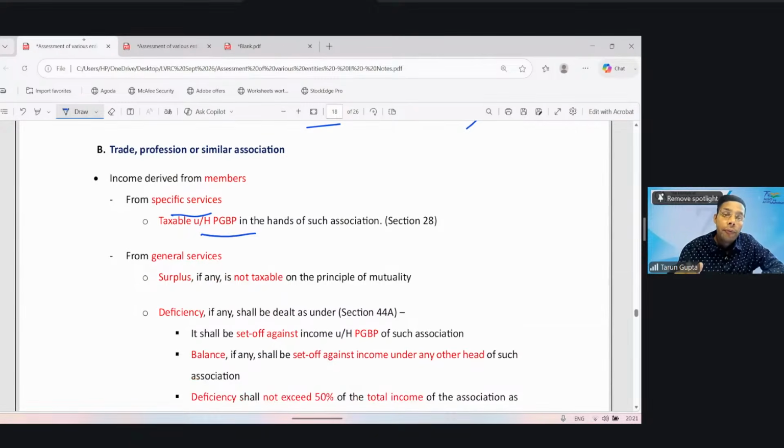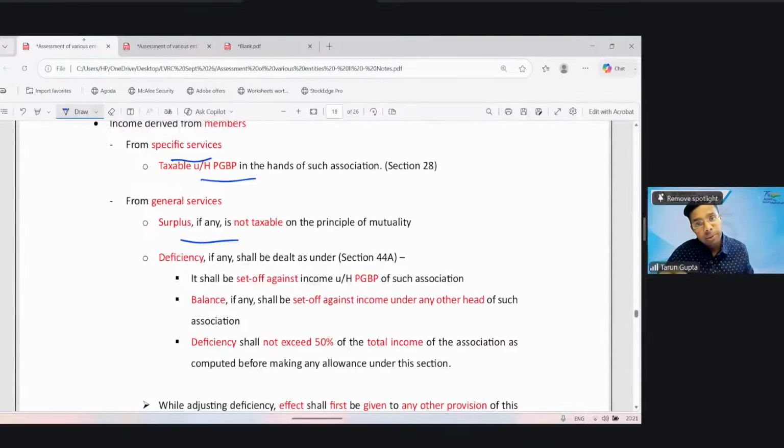But for general services to the members, surplus shall be exempt, but if there's a deficiency, such deficiencies can be set off against PGBP or income under any other head, but the deficiency cannot exceed 50% of the total income of the concern. If it exceeds 50%, the excess shall be ignored, and only up to 50% shall be set off from PGBP or income under any other head.